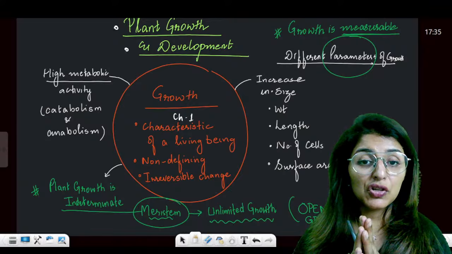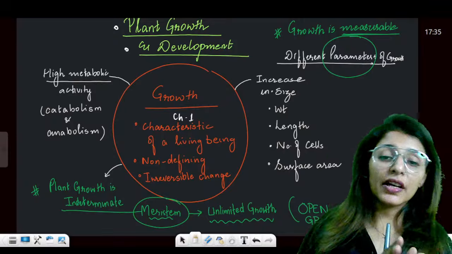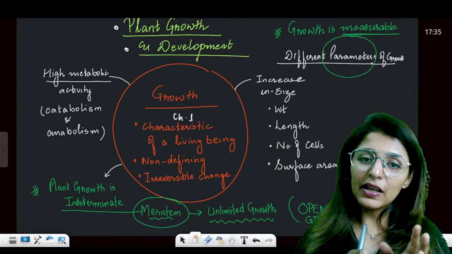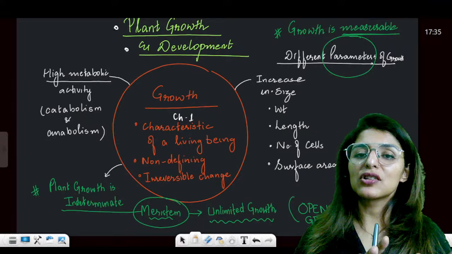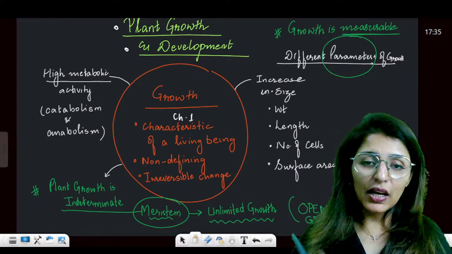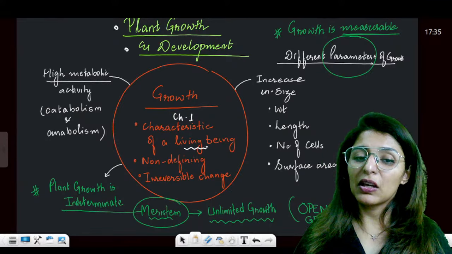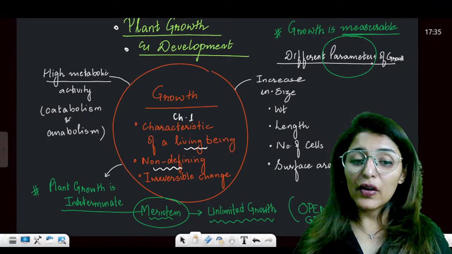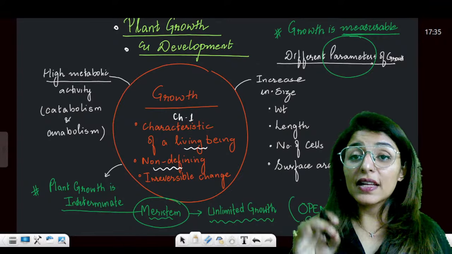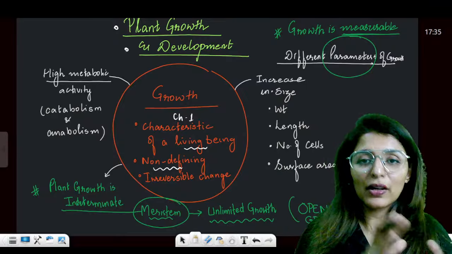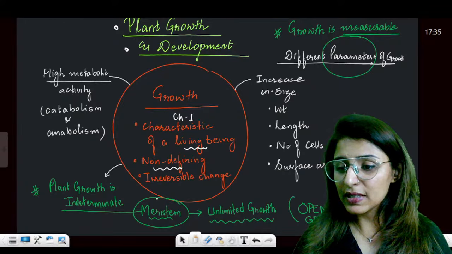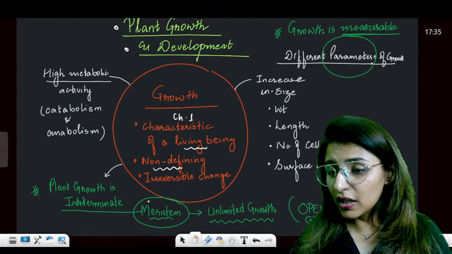They are not the defining features. Why? Because even non-living organisms can show growth. The difference being that living beings show intrinsic growth, but non-living beings show extrinsic growth. But we do know it is a characteristic of living being and it is non-defining, right? Secondly, growth is an irreversible change. Once you are grown up, you cannot go back to the initial stage. Are these points clear?